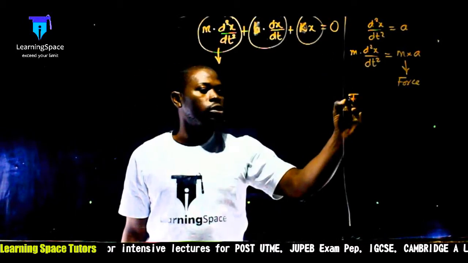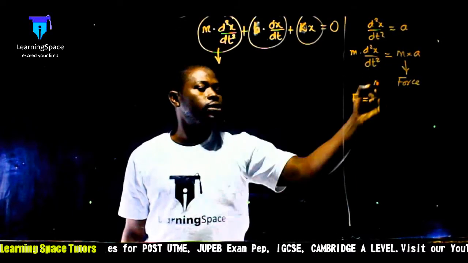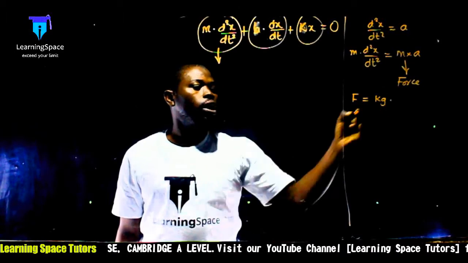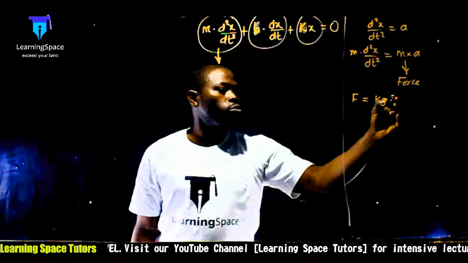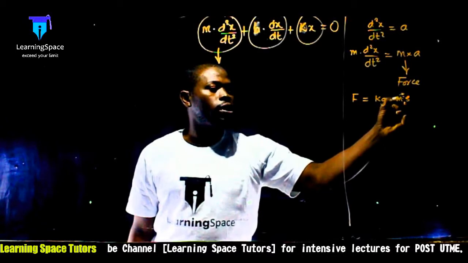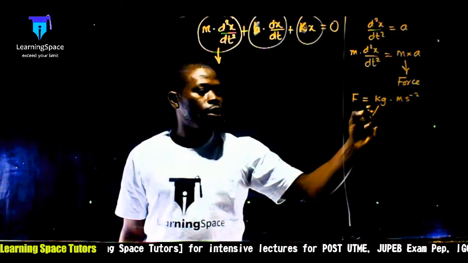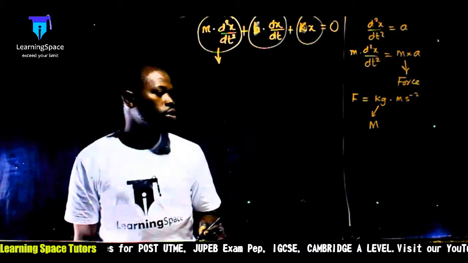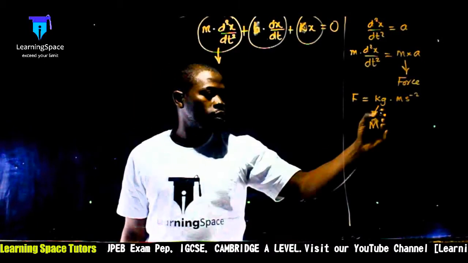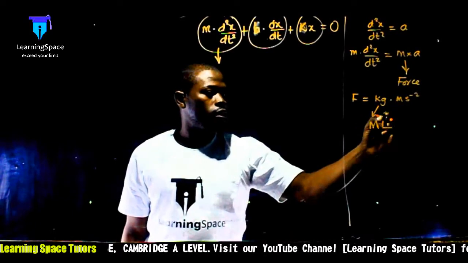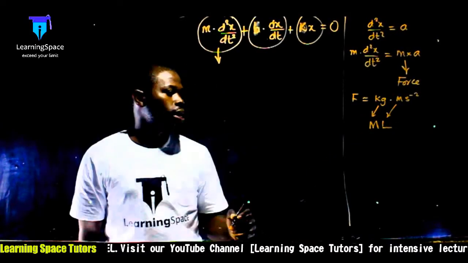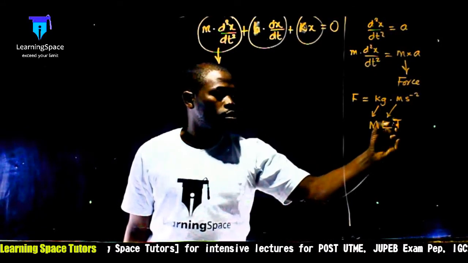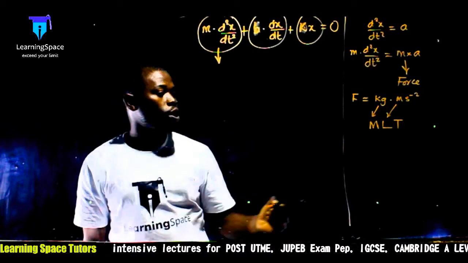Now, what is the dimension for force? We have mass, which is measured in kilogram, and acceleration, which is measured in meter per second squared. The dimension for mass is capital M, the dimension for distance measured in meter is L, and the dimension for time measured in seconds is T. But as you can see, the time is raised to power minus 2.